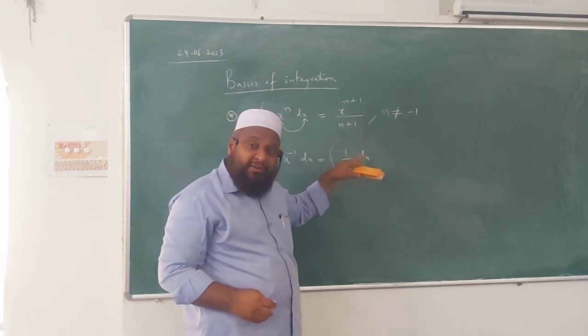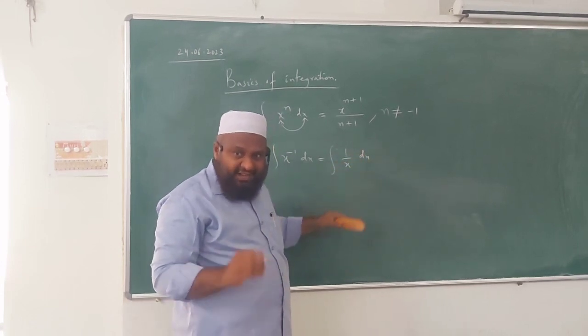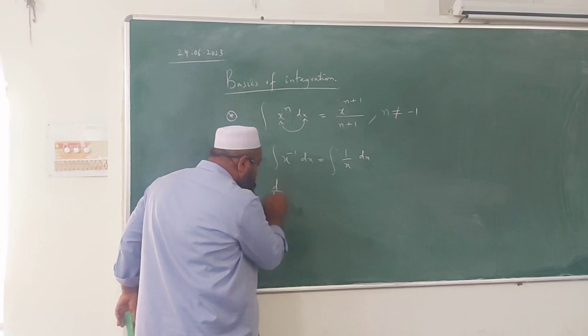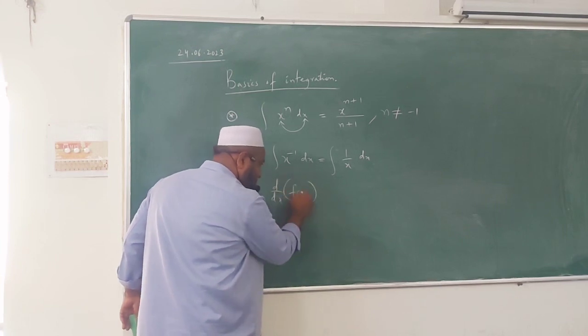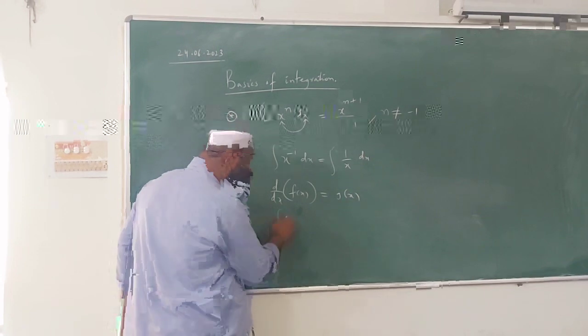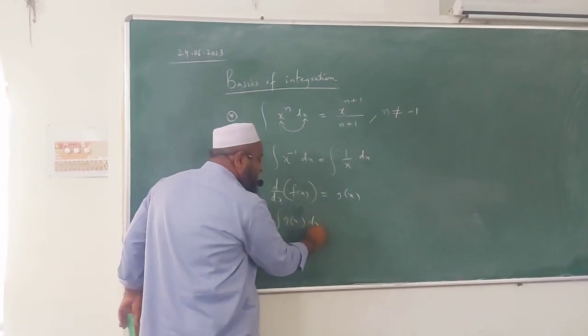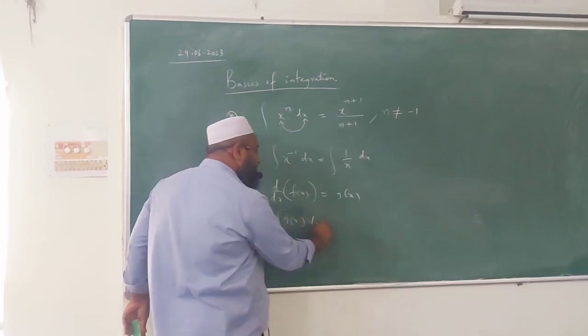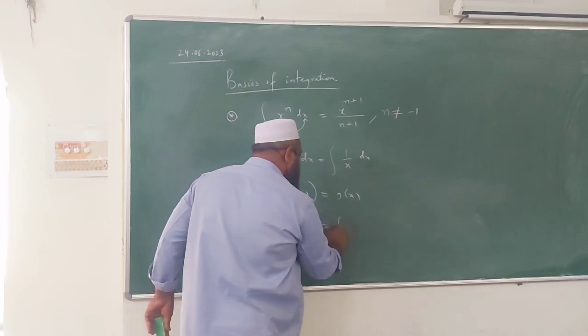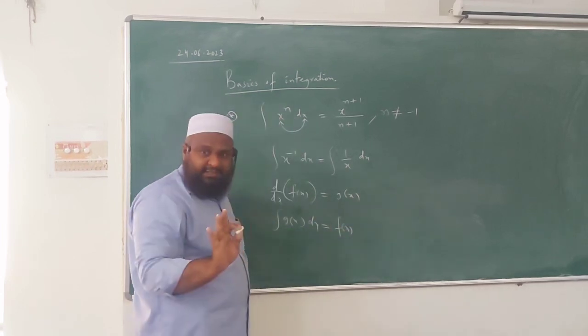In the beginning of this session, I said that when the derivative of f of x is g of x, some function, then the integral of g of x is equal to f of x. Is the point clear?